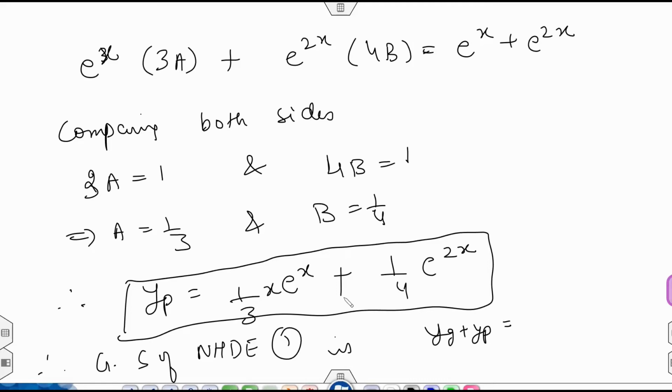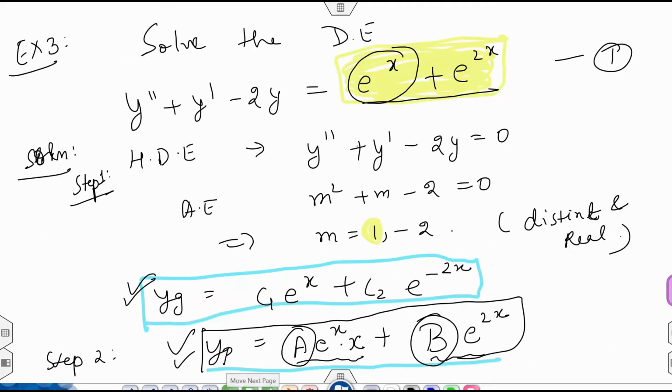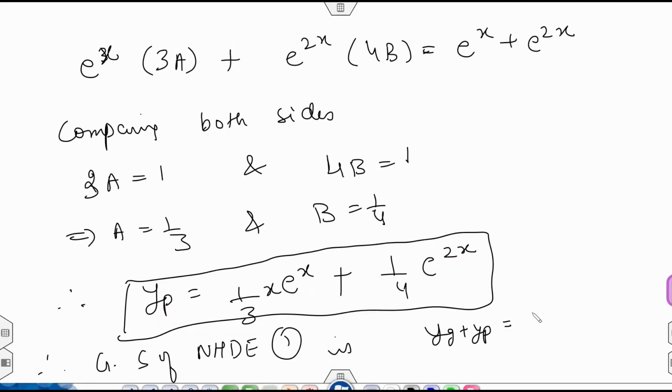This is your yp and this is your yg. So I will just write it down for your convenience: c1 e to the power x plus c2 e to the power minus 2x plus 1 by 3 x e to the power x plus 1 by 4 e to the power 2x. So this will be the final answer.